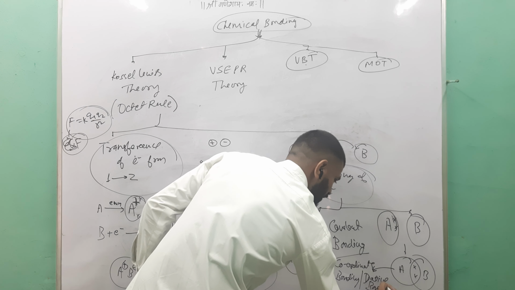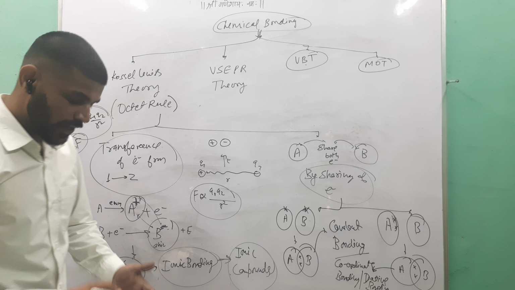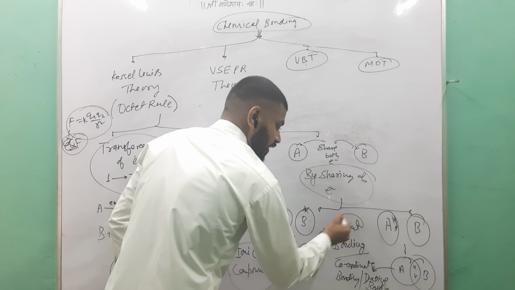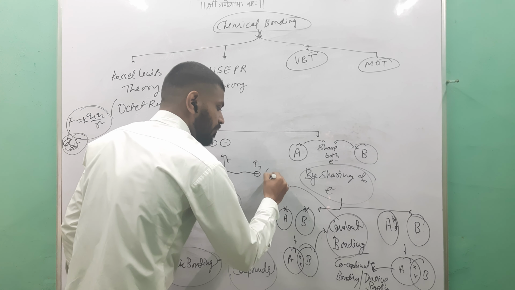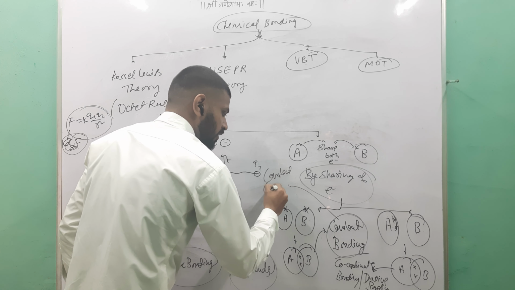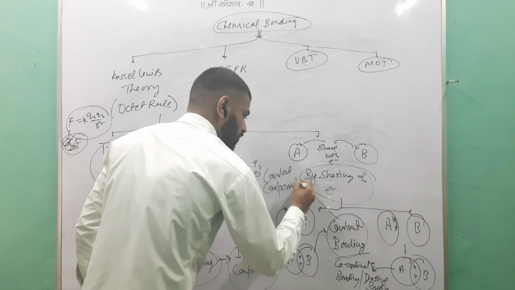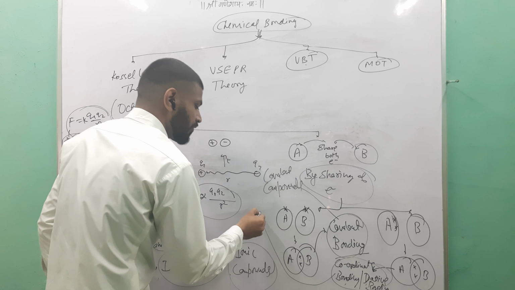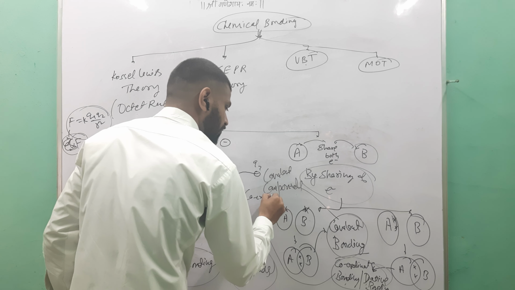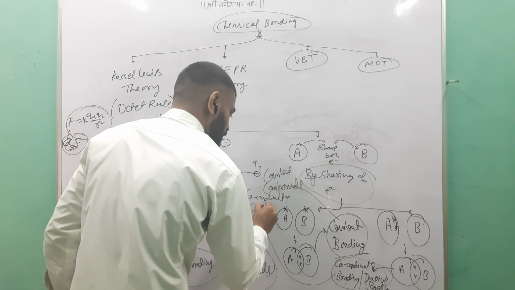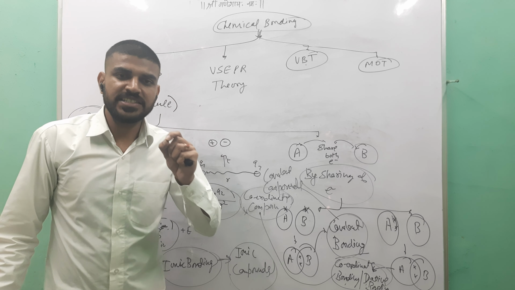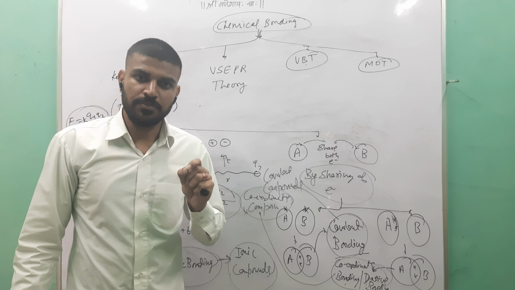Those compounds which hold covalent bonding are called covalent compounds, and those which hold coordinate bonding or dative bonding are called coordinate compounds. And this coordinate compound holds a complete chapter in 12th class, which is called coordination compounds.